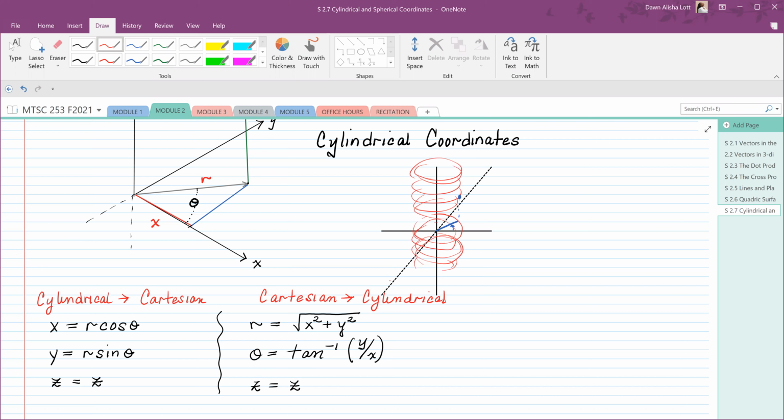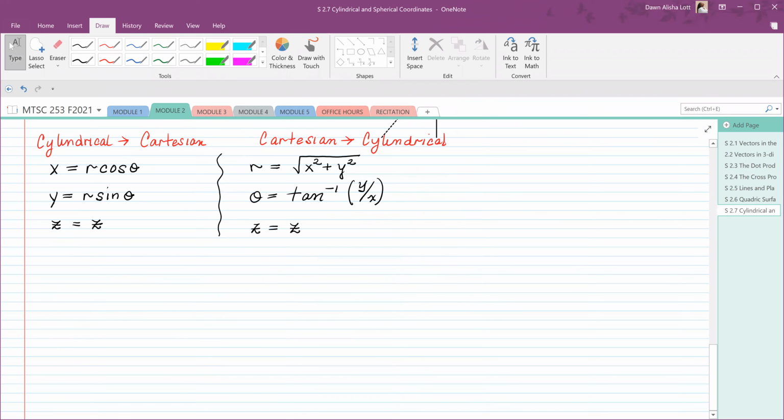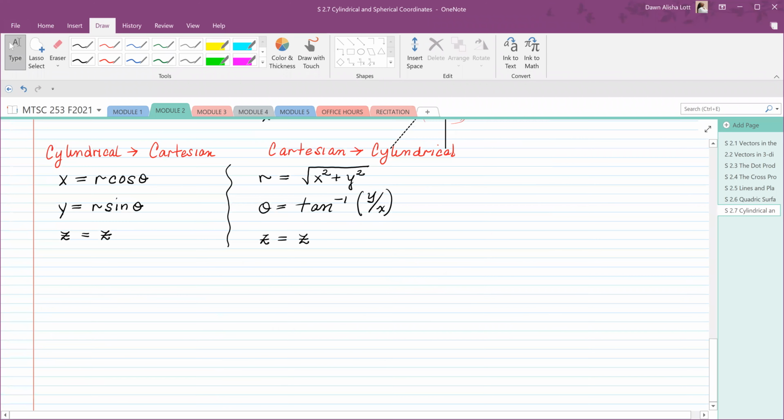Okay. So let's see what we have here. If you remember, when we had a cylinder, so let's look at a cylinder.